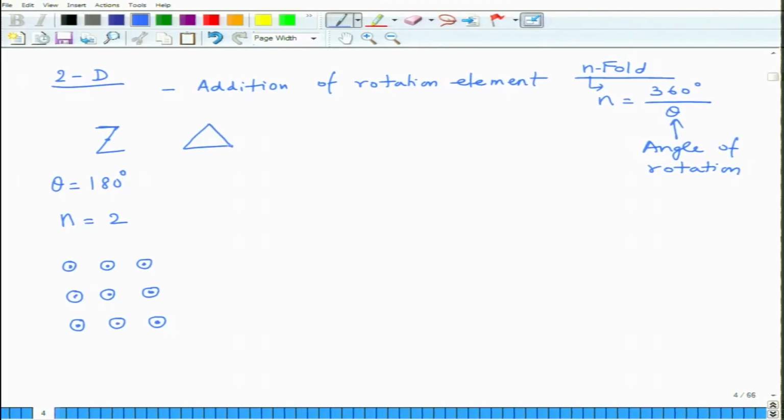In this case, if it is an equilateral triangle, theta will be equal to 120 degrees, and n will be equal to 3. In the case of this symbol, which you are all familiar with, theta is equal to 90 degrees, and n is equal to 4. And if you look at some flowers, they are not very symmetric, but some flowers have 5 petals.